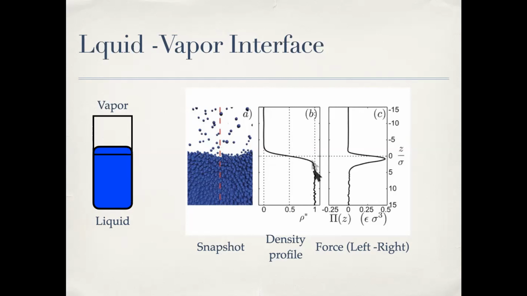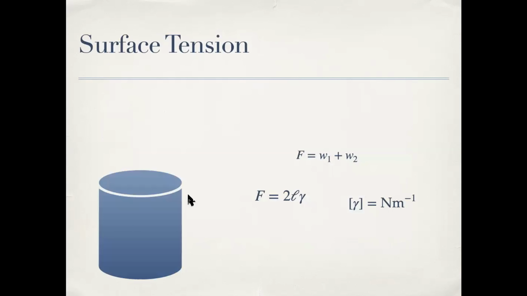Let's forget for a while about this drawing and do the following experiment. We take a container of the liquid and we immerse into it a metal frame. One side of that metal frame is movable. It is a tiny little metal pipe, for example, with a length L, and we immerse it into the water.